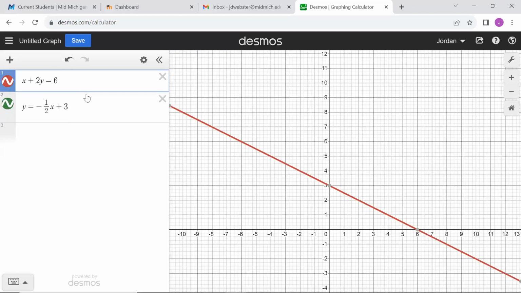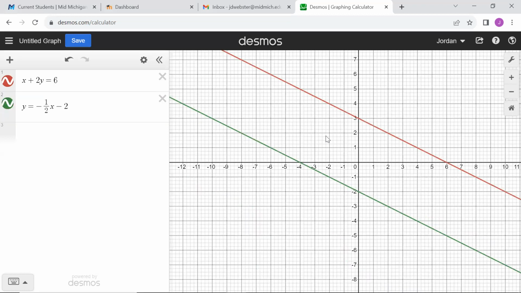If you graphed both and it turned out that they were both the exact same line, we would say there are infinitely many solutions. Like I said, in our case, we ended up with no solutions because we had parallel lines. And that does happen sometimes.